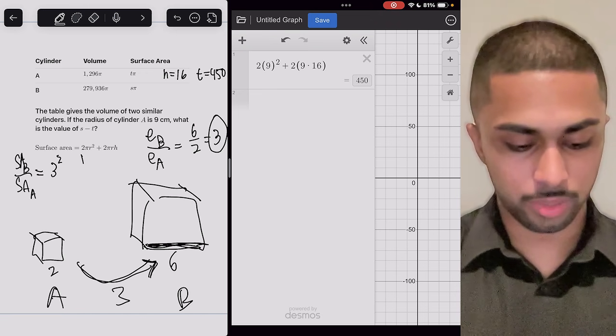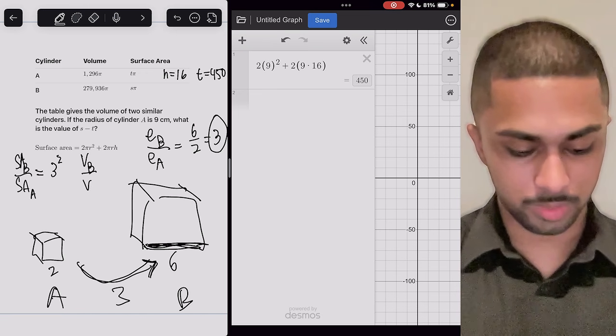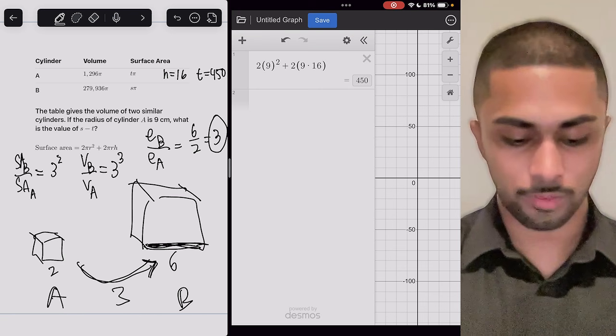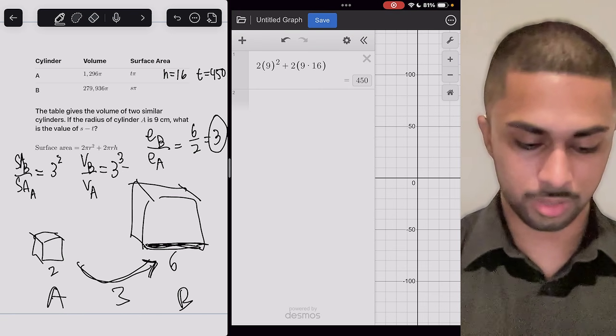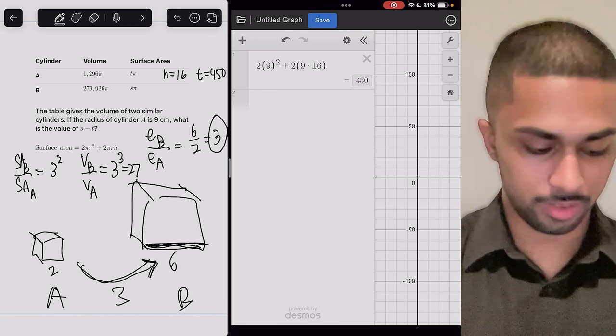And the ratio between the volumes of B and A is always the scale factor cubed. So in this case, this is going to be equal to 27, this is going to equal 9.